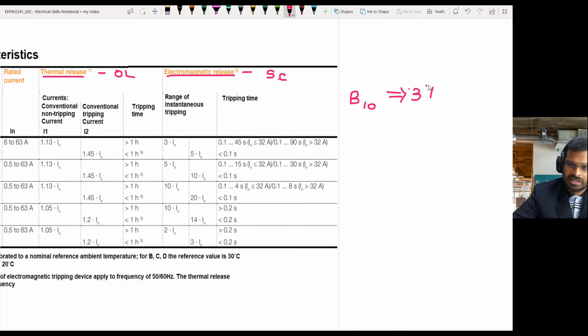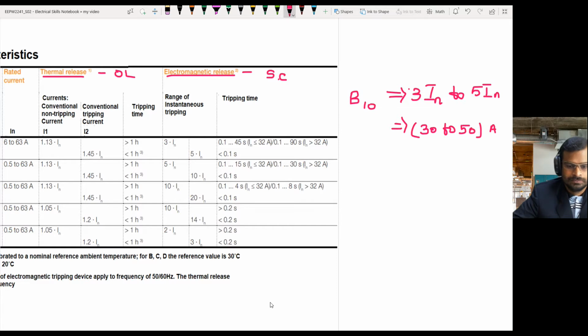IN is the normal operating current of an MCB. So for this B10 type of MCB, we can say 3 into 10, 30 to 50 amperes of current. This is the trip range.